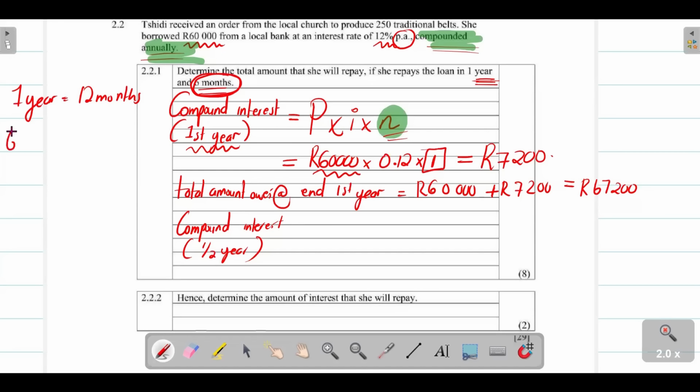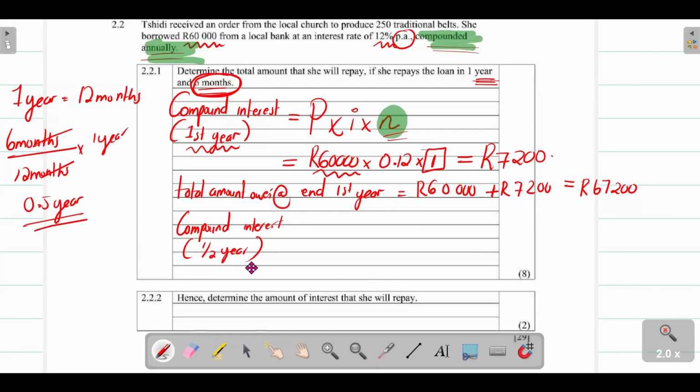So I take 6 months, divided by what you have, 12 months, multiplied by what you want, 1 year. You can see these are canceling. 6 divided by 12 gives you a half. That's why I got to half a year, so 0.5 year or 1/2 year.